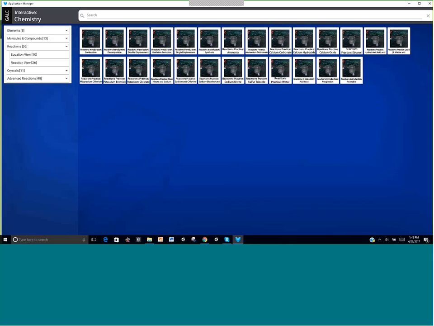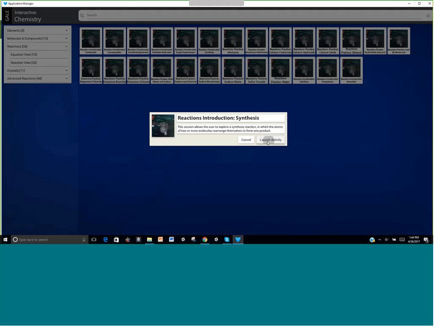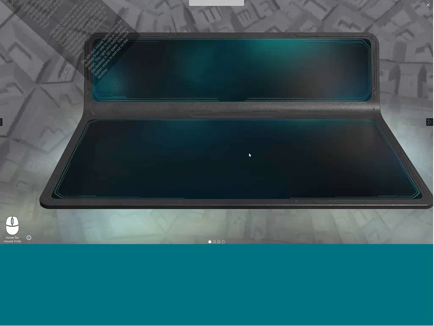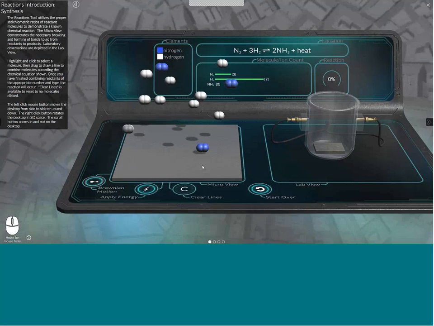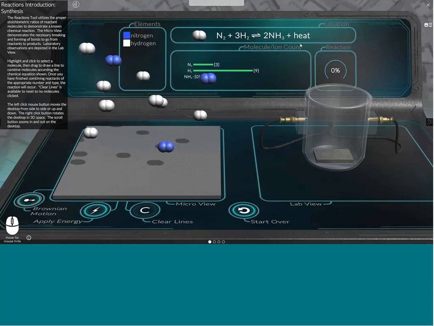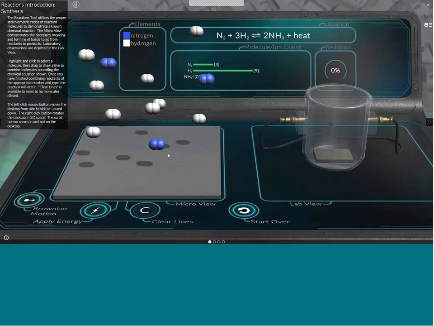We can look at another reaction like this, which is also governed by a balanced chemical equation. When we look at the ammonia reaction, 1 nitrogen reacts with 3 hydrogen molecules to form 2 ammonia molecules.